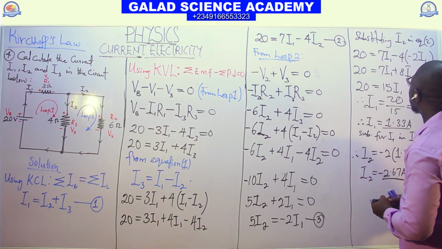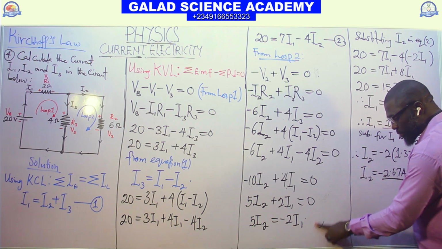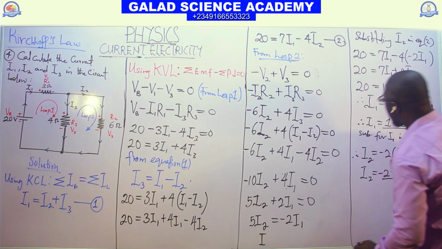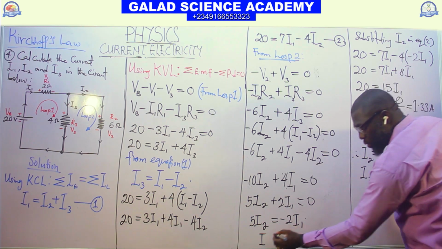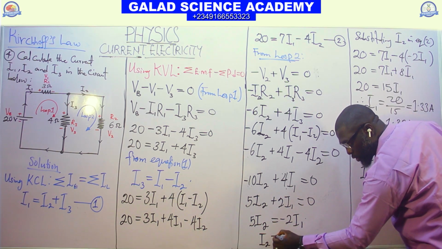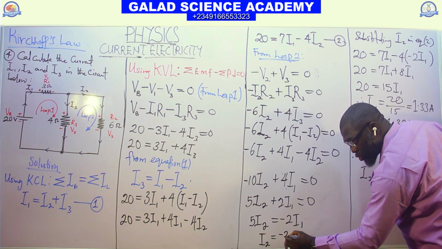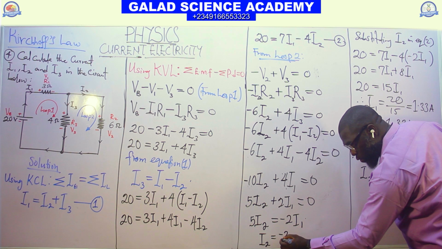So instead of calling this equation 3, you can now say I2 will be equal to minus 2 over 5.